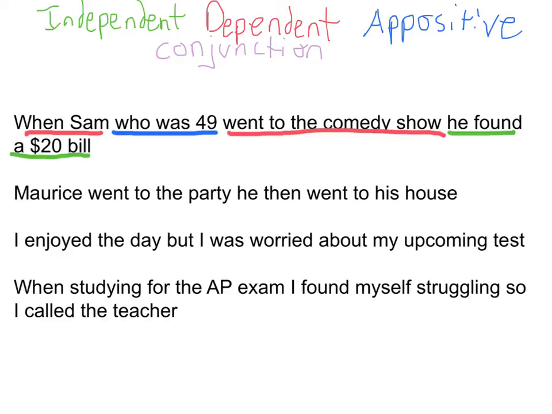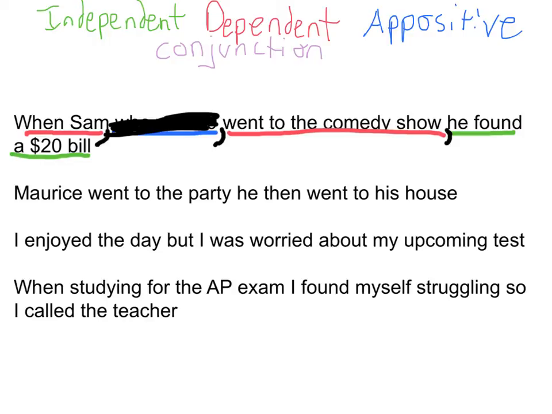You then insert your commas as necessary. And that's it. All right. Again, you should be able to take this out, and the sentence makes sense. When Sam went to the comedy show, he found a $20 bill. It does, so it works.